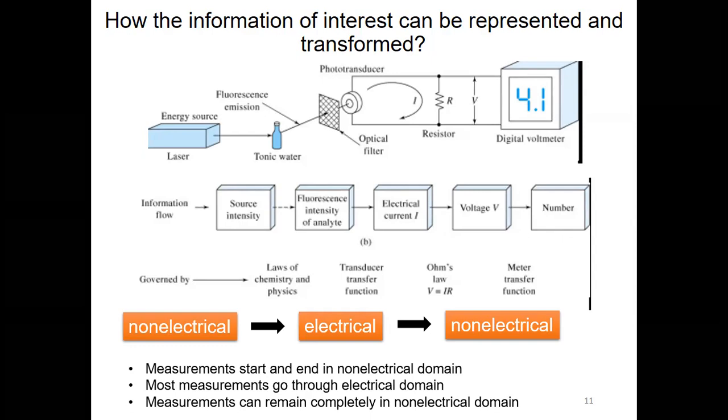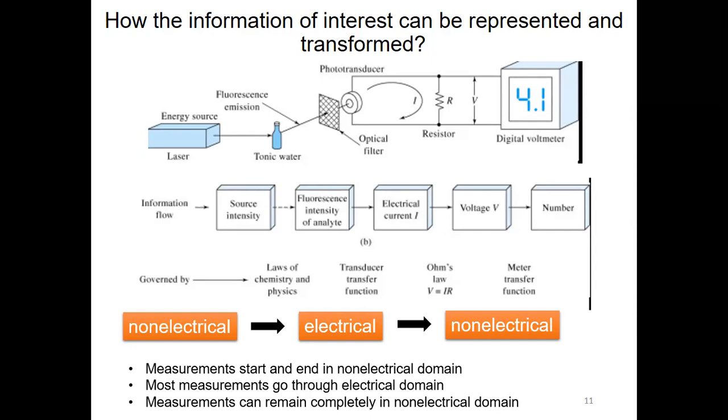Another example: let's say we are measuring the weight of a sample. Using some physical properties, we can extract the sample, and we use a scale, a simple balance, to measure the weight. Then it doesn't involve any electrical domain.